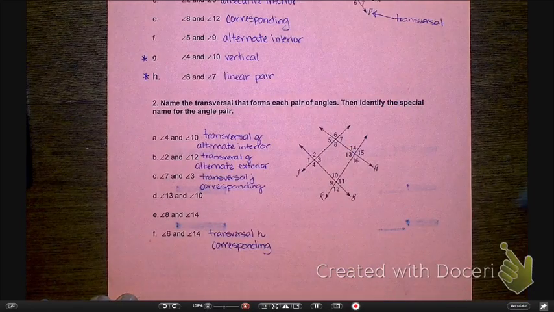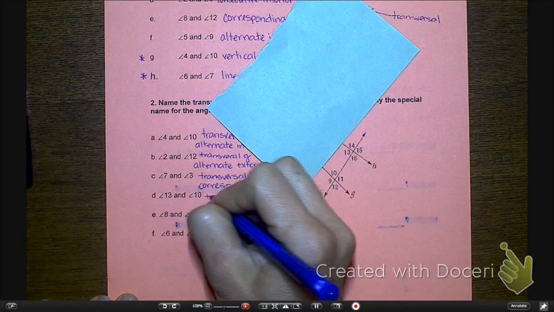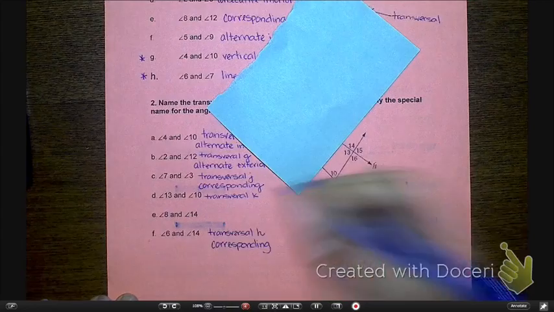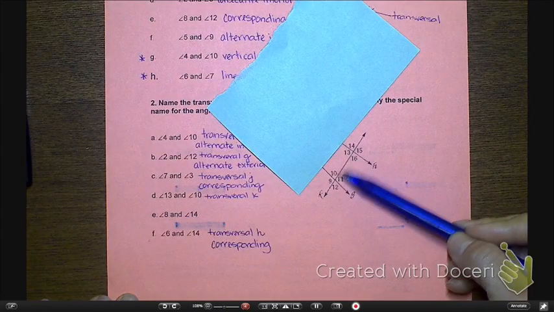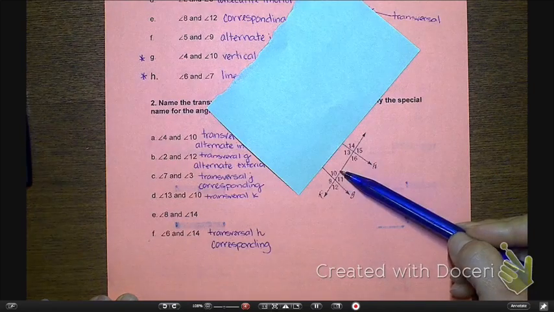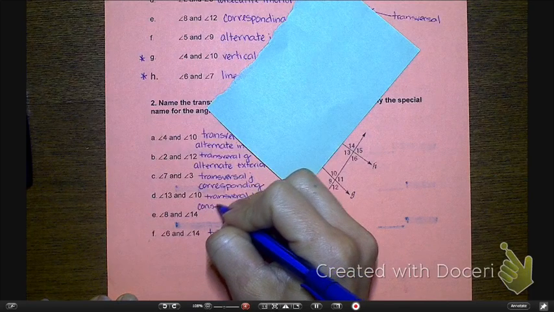So that's those two. What's the transversal? Okay, and what did you guys say for them? Okay, consecutive interior, that's what I'm hearing. That means same side inside. So yeah, that's correct, okay? Consecutive interior.